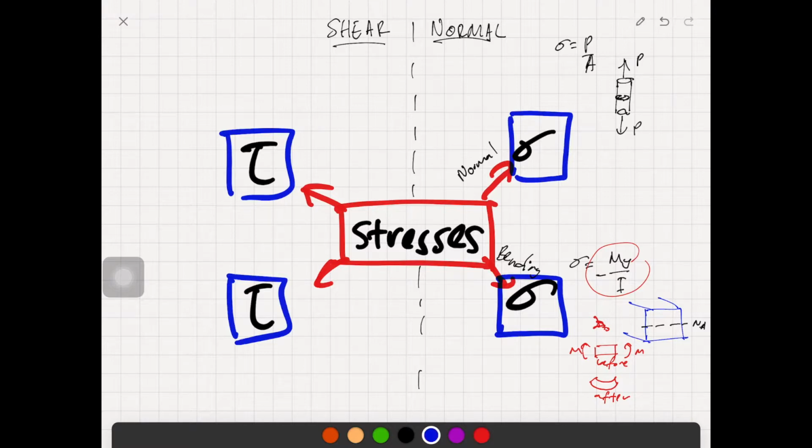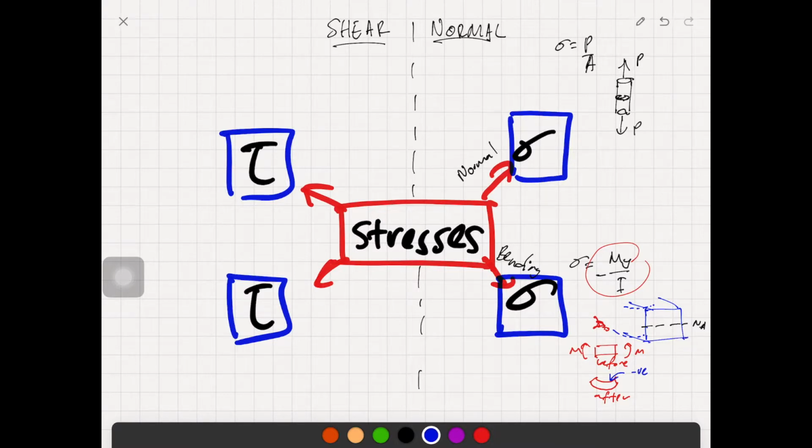So the negative came from the contraction, because the shortening on this side becomes negative, as the structure technically shortened due to the bending that occurred on the beam.